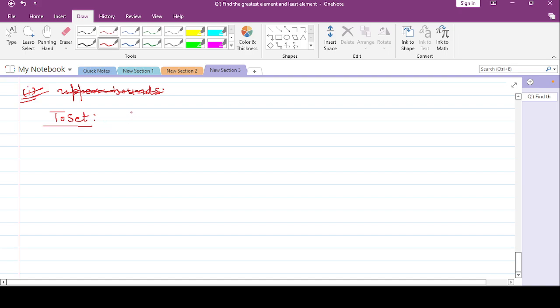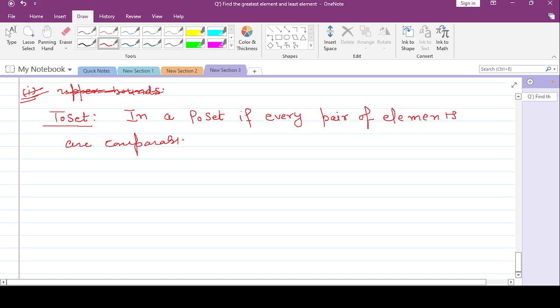In a poset, if every pair of elements is comparable, then it is called a Toset.